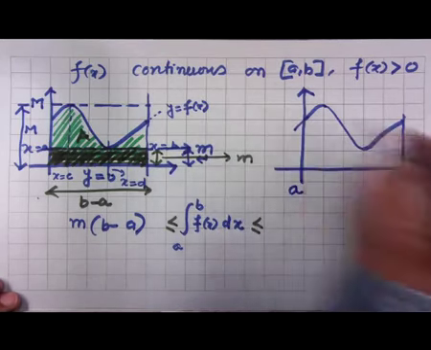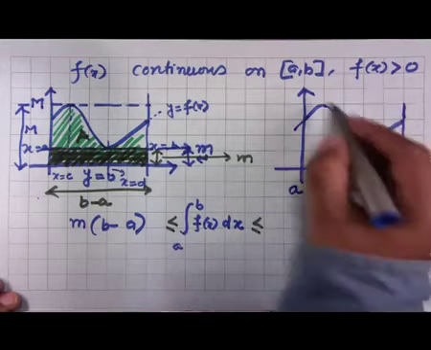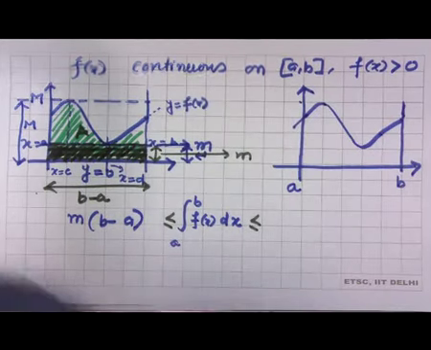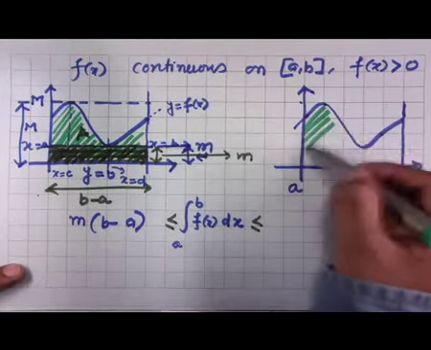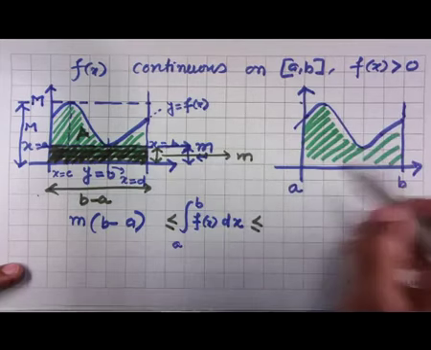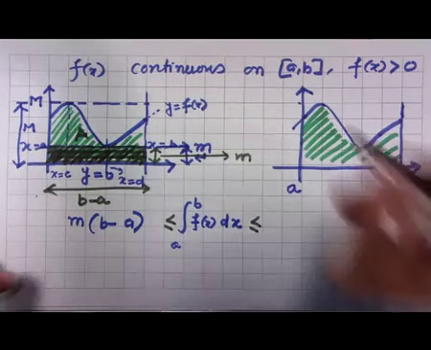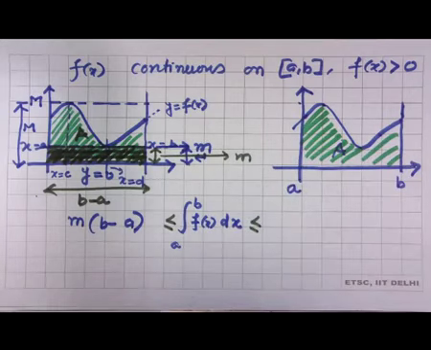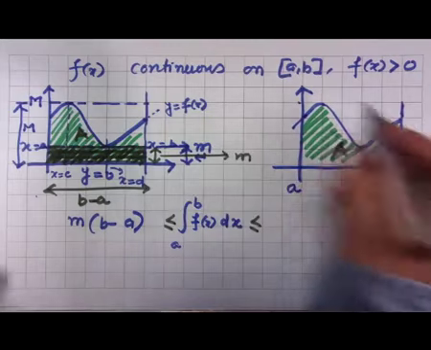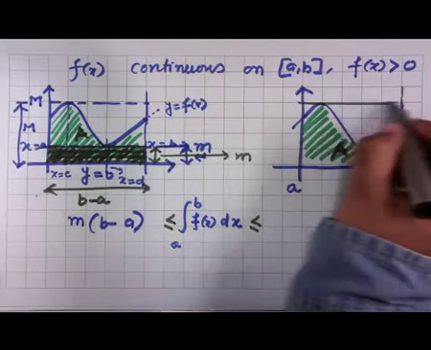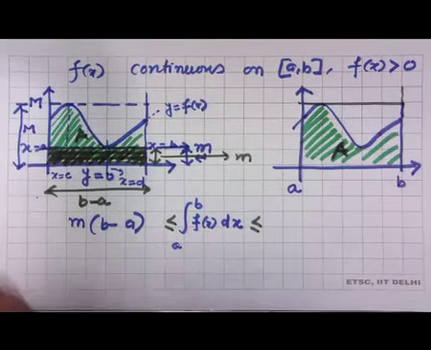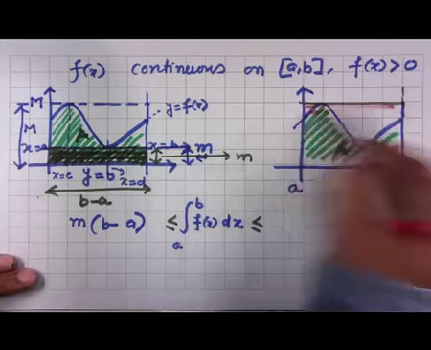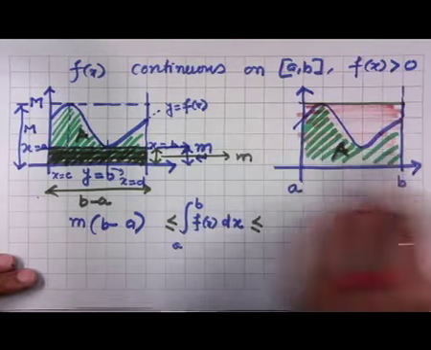This green shaded region is the actual area. You can see from the figure that the actual area A will always be less than the area of the rectangle shaded by red color.